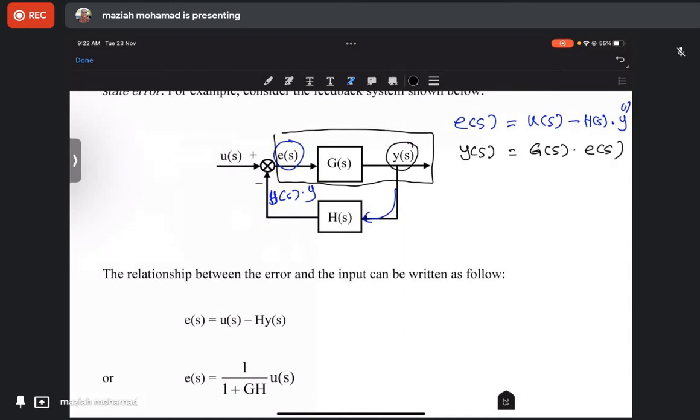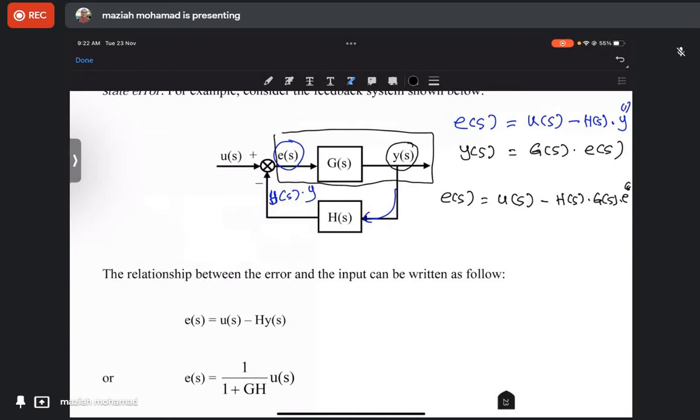The input error is E(s) multiplied with the transfer function G(s), which gives us Y(s). So let's put Y(s) into the E(s) equation. We have E(s) is equal to U(s) minus H(s) multiplied with G(s) multiplied with E(s).